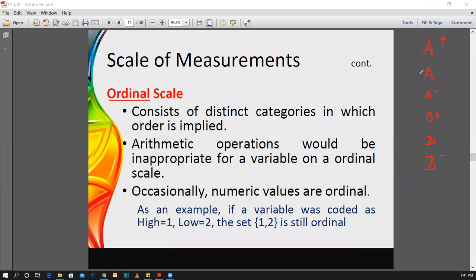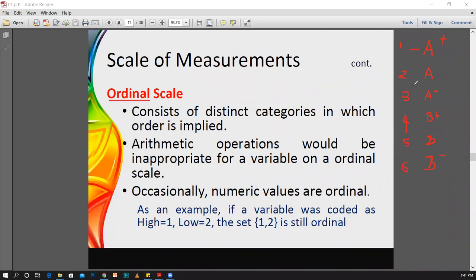Here also, sometimes we use numeric values just for representation of the categories, but still you cannot have arithmetic operations even if you have used numbers. As an example, think about having 1, 2, 3 for A-grades, 4 for B plus, 5 for B, and 6 for B minus.